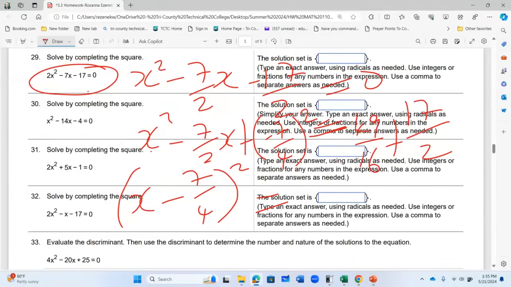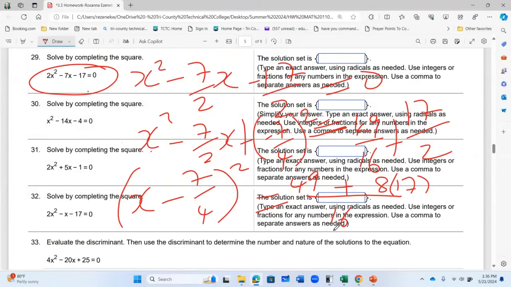The lowest common denominator is 16, so I have 16 here, 49, 2 goes into 16, 8, and here I have 8 times 17. Okay, so this is what I have in the right-hand side, and then I will find the square root of both sides, and then finish.